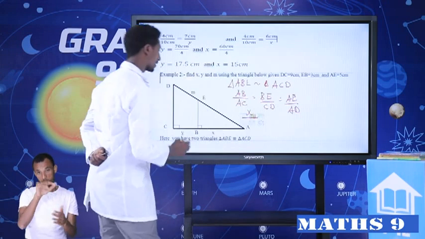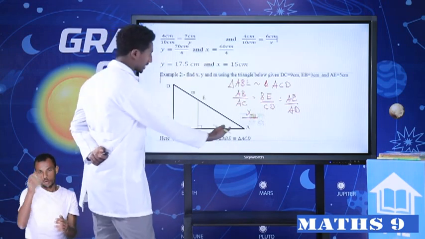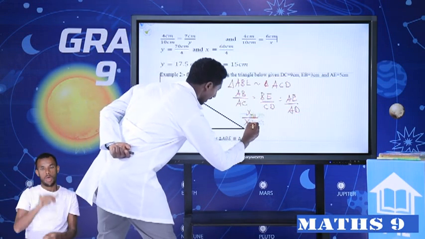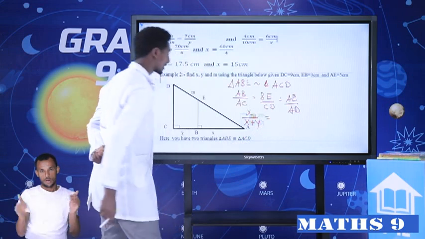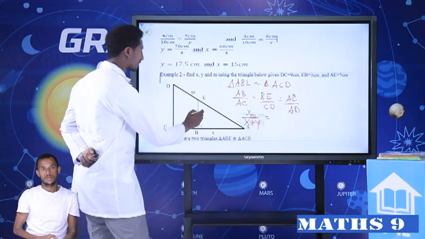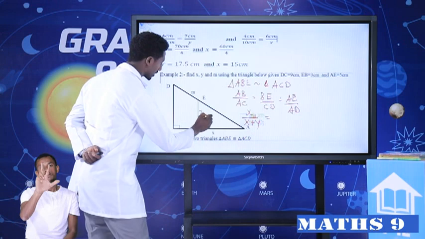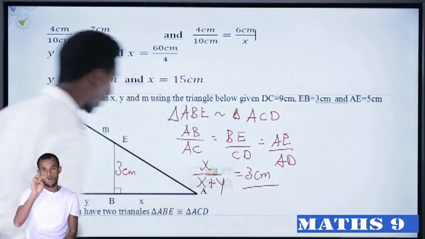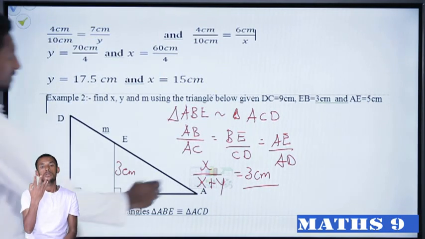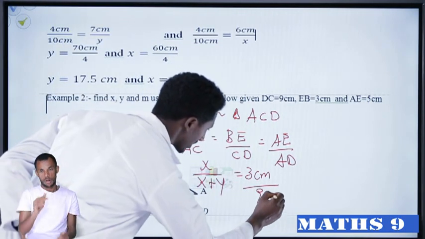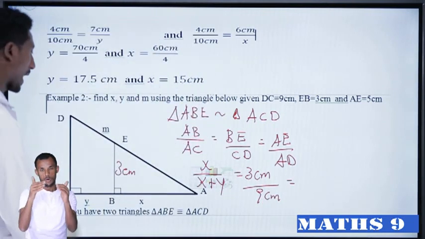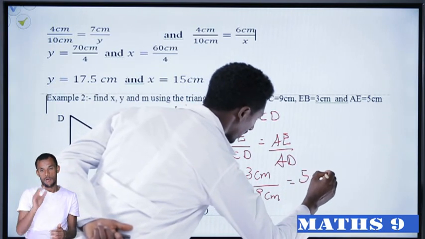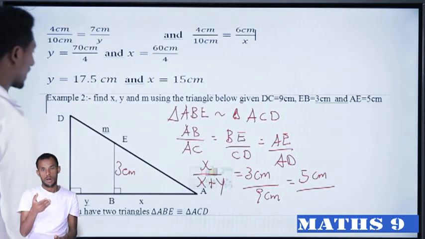That's x over AC, the distance from A to C, that's x plus y, which equals BE, already given as 3 centimeters, over CD, also given as 9 centimeters, which equals AE, also given as 5 centimeters, over the length of AD.